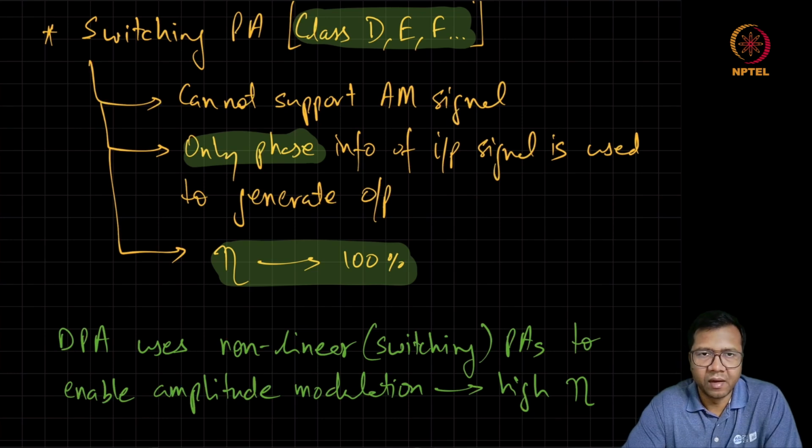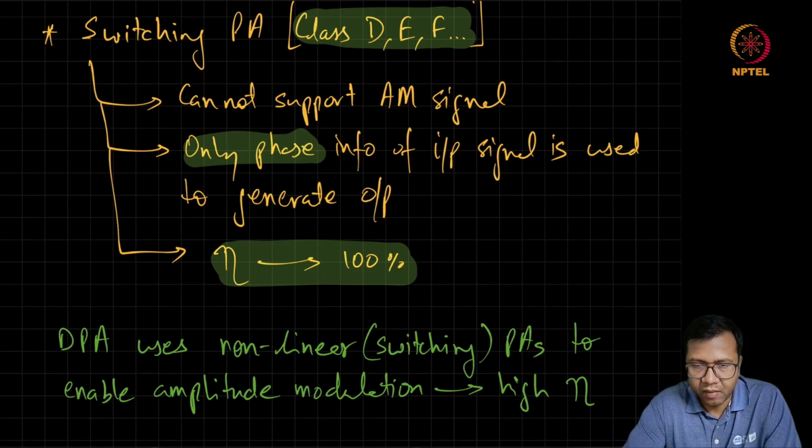So earlier we have seen that when we categorize the power amplifiers based on the conduction angle, there was a strong trade-off between linearity and efficiency, and we saw that we can get an efficiency as high as 50% under an ideal scenario while using class A, which can enable amplitude modulation. But if we want to improve the efficiency further, we had to trade off the linearity.